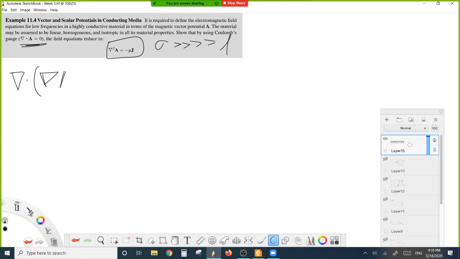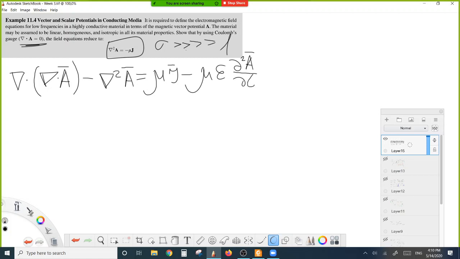Gradient of divergence of A minus the Laplacian of A equals mu J minus mu epsilon d squared A over dt squared minus the gradient of mu epsilon dV over dt.